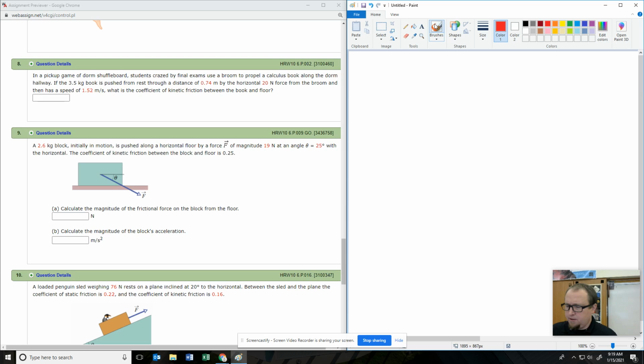It's 20 minus the friction, which is mu times normal. I'm going to get 5.46. Now, this problem wants me to find mu.